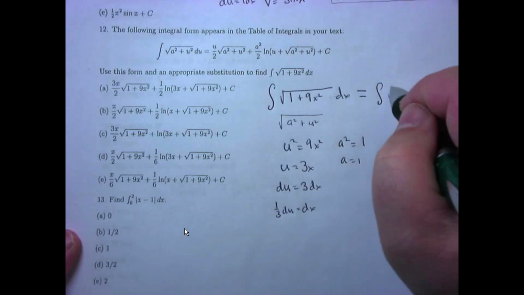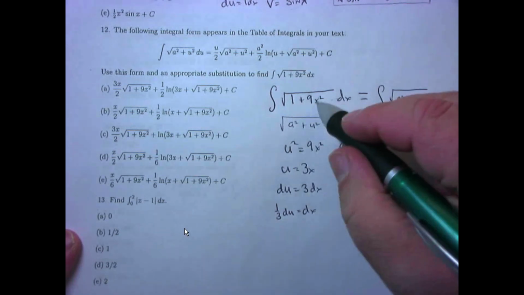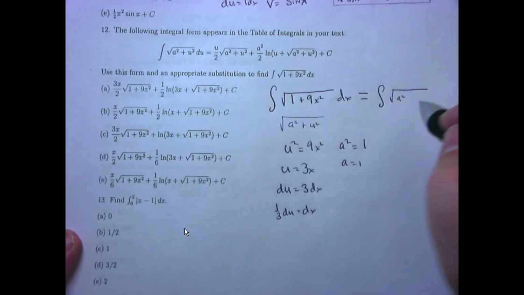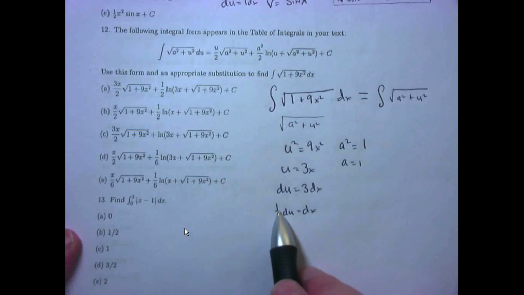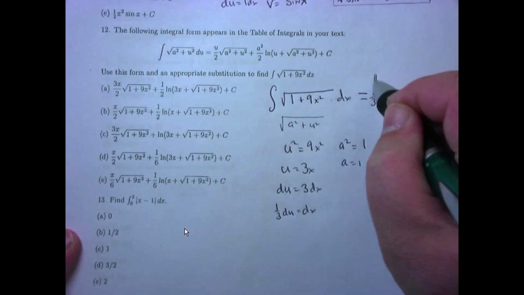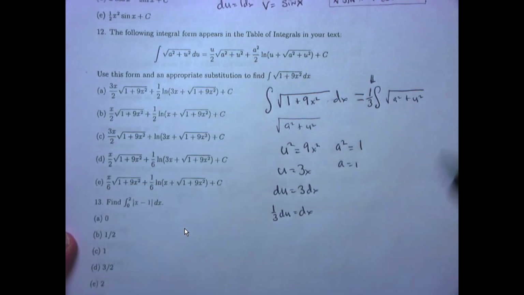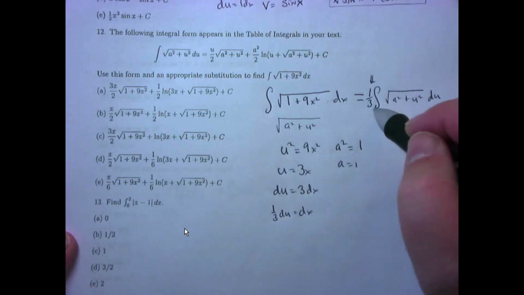This becomes the integral of the square root. 1 was the a squared, so that's a squared. The 9x squared was the u squared, plus u squared. And the dx turns into what? 1/3 du, 1/3 is a constant. That's what you really have to keep up with, these numbers out front. So I put the 1/3 out front and the du in the back.